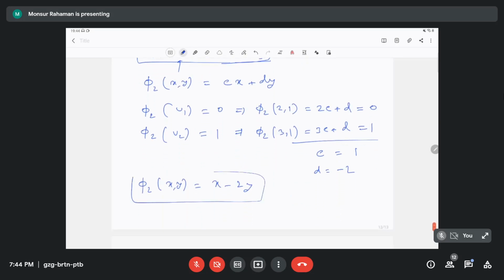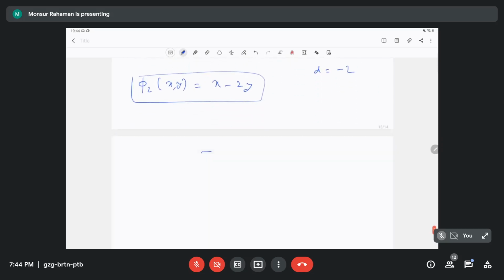So this is phi 1 equals -x plus 3y, and this is phi 2 equals x minus 2y. Now remember the matrix representation of any linear transformation. If T is from Rn to Rm, then T is a matrix of m cross n.